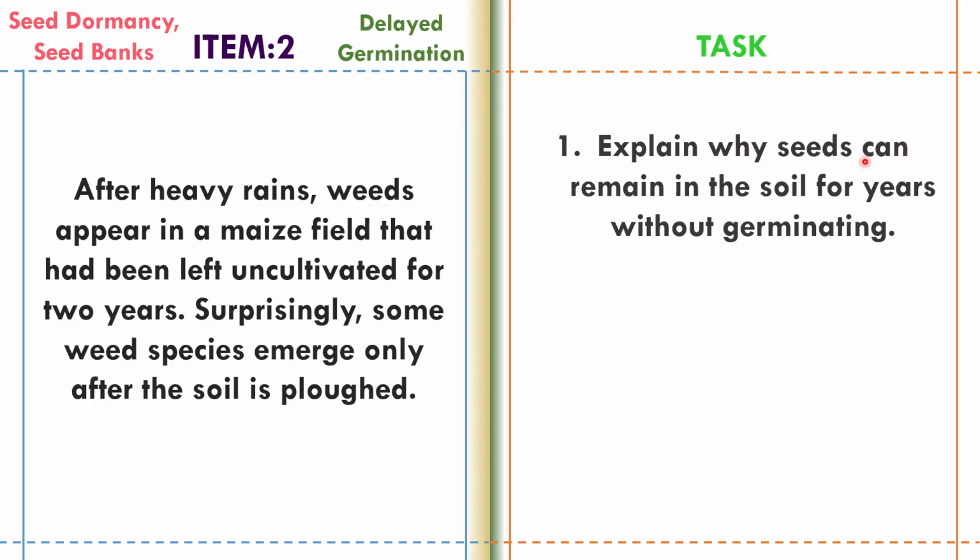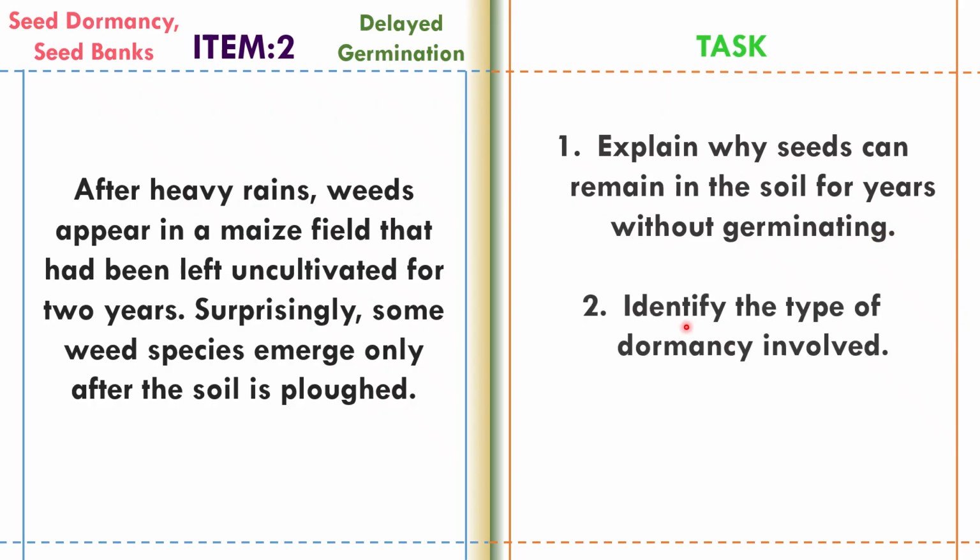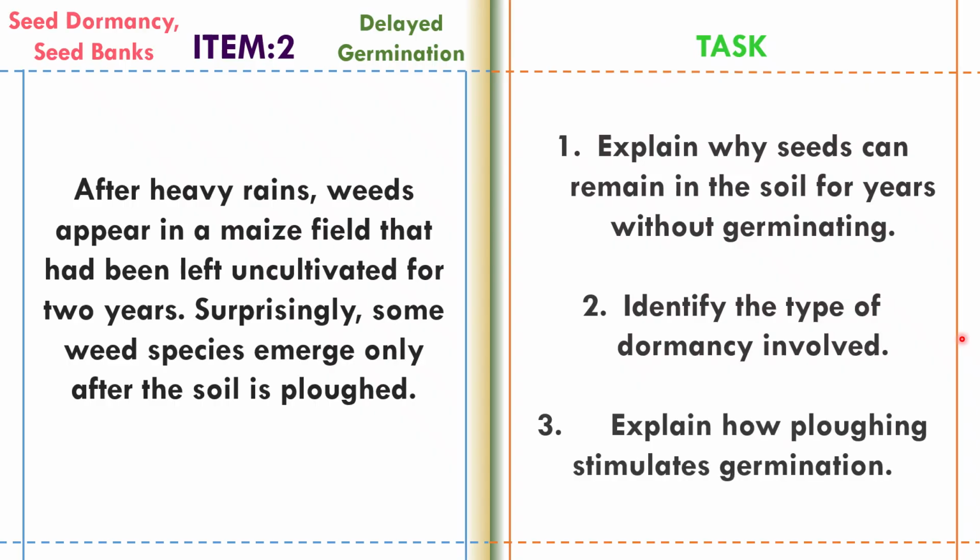Explain why seeds can remain in the soil for years without germinating. Identify the types of dormancy involved. Explain how plowing stimulates germination.